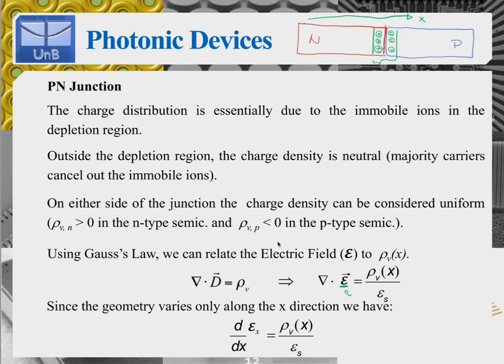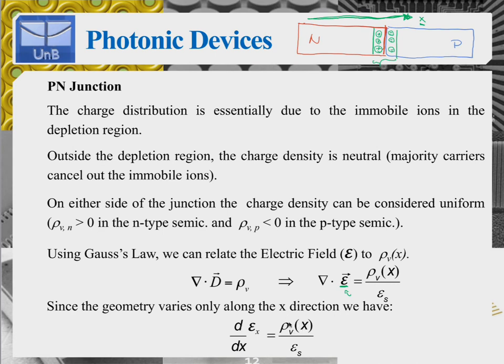Also, if we take into account that we are considering a problem which has only one dimension, which is x, the divergence operator will result in this, right? So only the derivative with respect to x will be non-zero, and so this is the expression that we get.